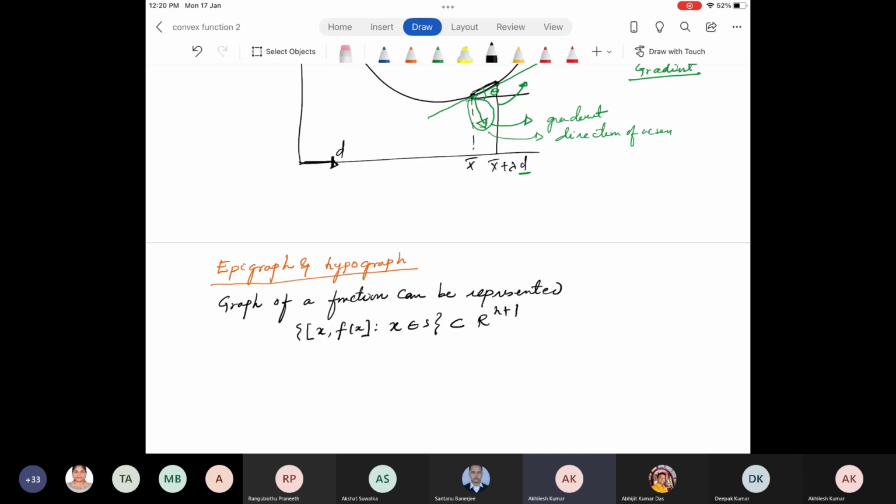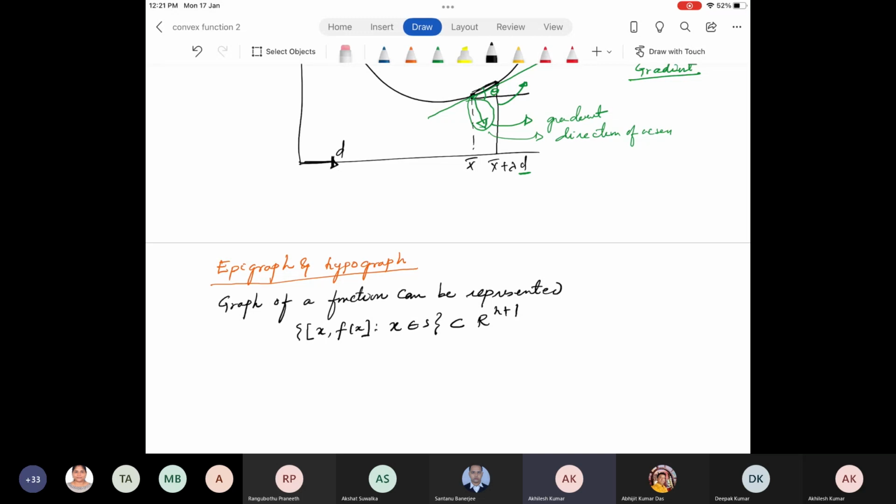The max direction is the direction of steepest ascent, which we say is the gradient at that point. Because when I talk about directional derivative, it can be in a particular direction. I want to find the direction which is perpendicular to the tangent at that point. That is the direction of steepest ascent, or the direction in which the function increases.